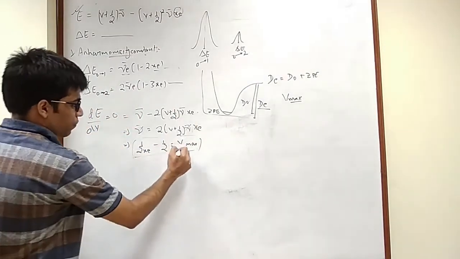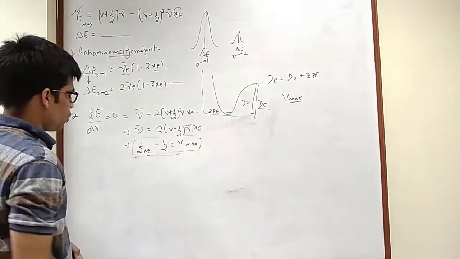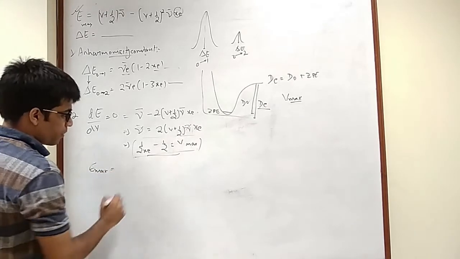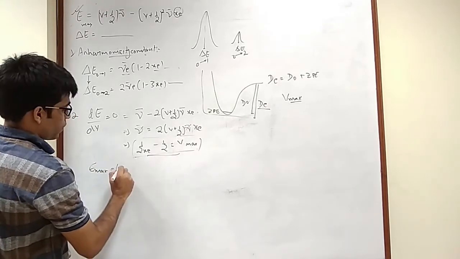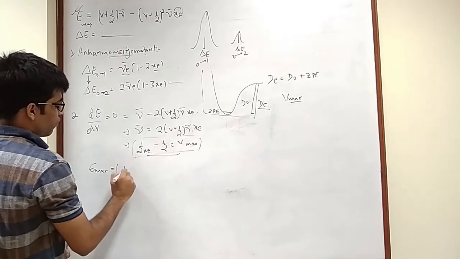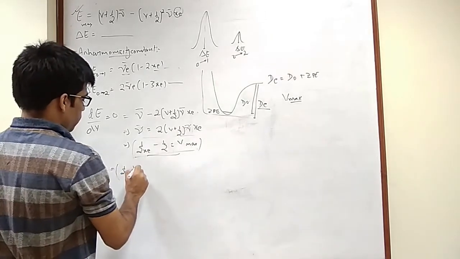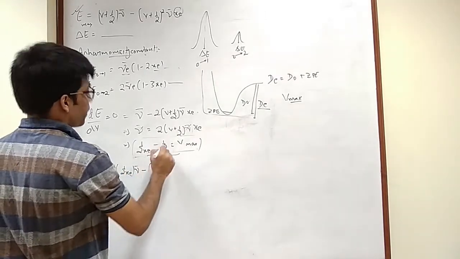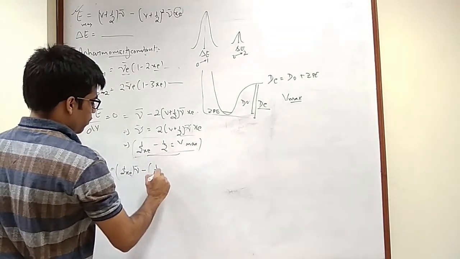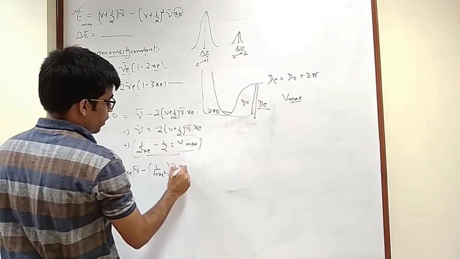Now if you put this V max value in this equation, then I should get E max. So that means my E max will be: minus half and plus half get cancelled. We have 1 by 2xe mu bar minus, again minus half plus half get cancelled, we have 1 by 4xe squared because it is whole squared, times mu bar xe.